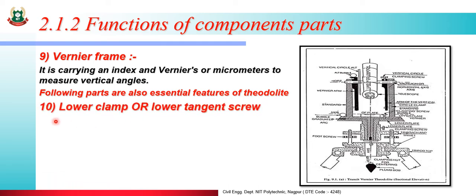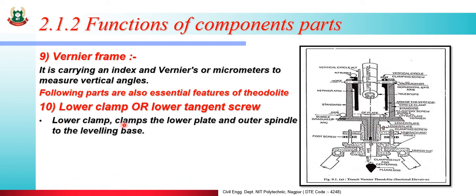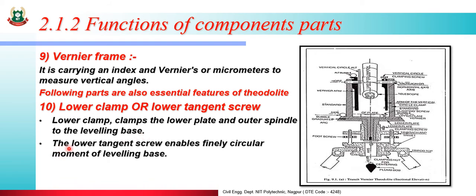These are lower clamp or lower tangent screw. Here is the lower clamp or lower tangent screw. The lower clamp clamps the lower plate and outer spindle to the leveling base. The lower tangent screw enables finely controlled circular movement of the leveling base.